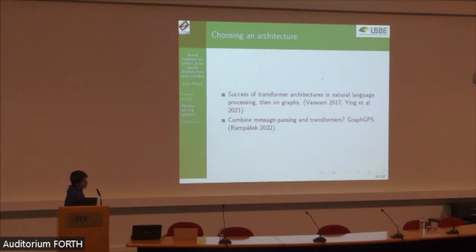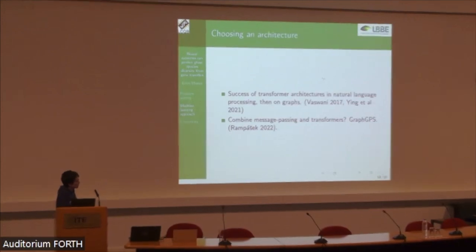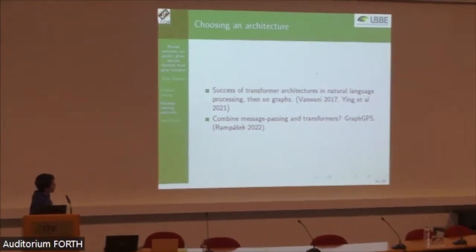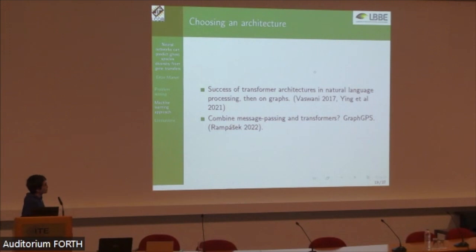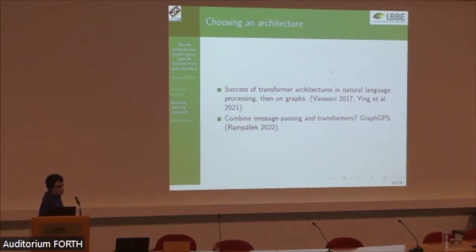To obtain an equivariant architecture, we went with transformers because they have had a lot of success first with natural language processing, with vision, and now with graphs. They are still state of the art in many cases, and we used GraphGPS, which was state of the art at the time.